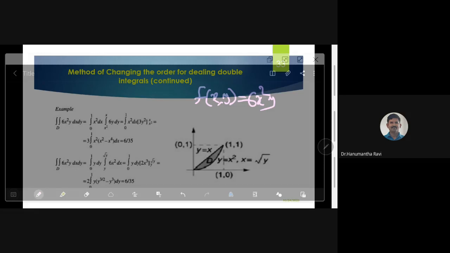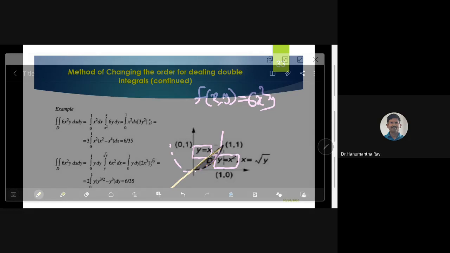According to this one, the region D here is enclosed by y is equal to x and y is equal to x square. How does y is equal to x square look? It's a parabola. Where is y is equal to x? This is the line. But enclosing means it should be a bounded one.